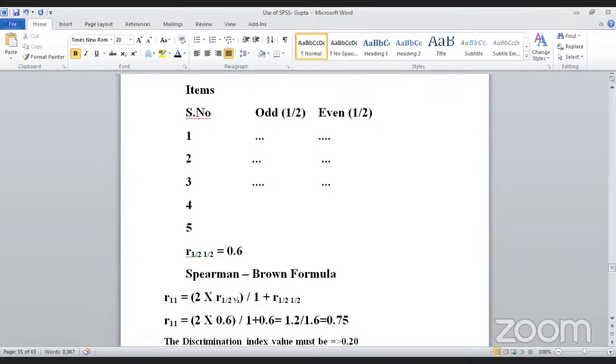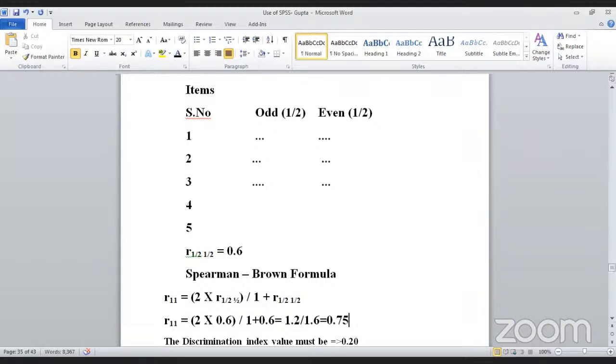And if they are the scale, either both are positively worded or both are negatively worded. If it is a test, they must belong to the same content. They must assess the same content. They must be having same difficulty level, same discrimination index. Not exactly the same, but quite close to each other.